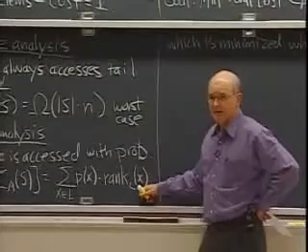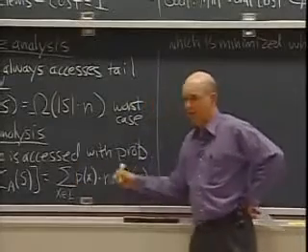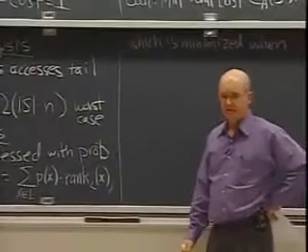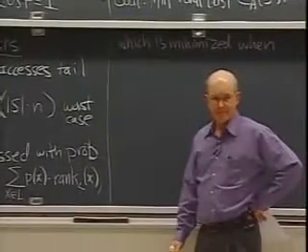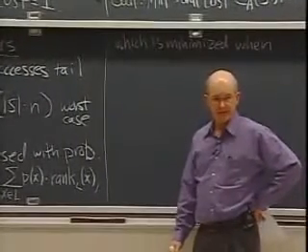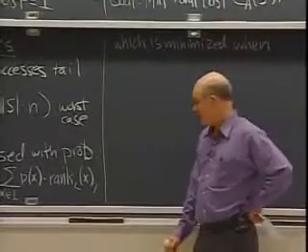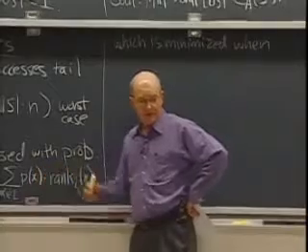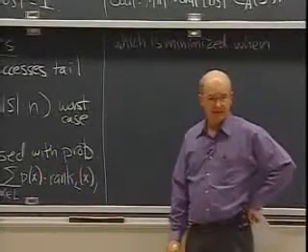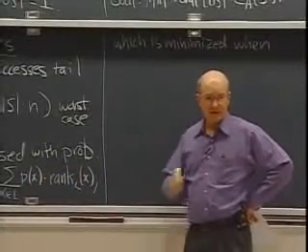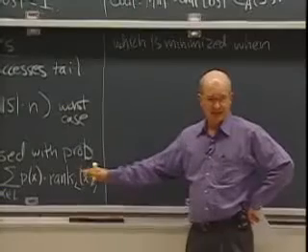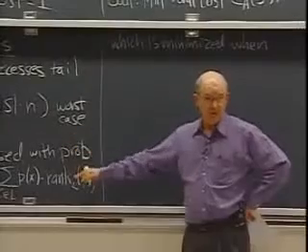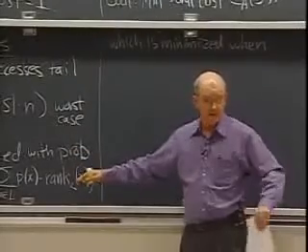And this is minimized when? So when is this summation going to be minimized? When the element that is most likely has the lowest rank, and then what about the other elements? So you order based on the probability of getting accessed. Yeah, so you sort them in decreasing probability.